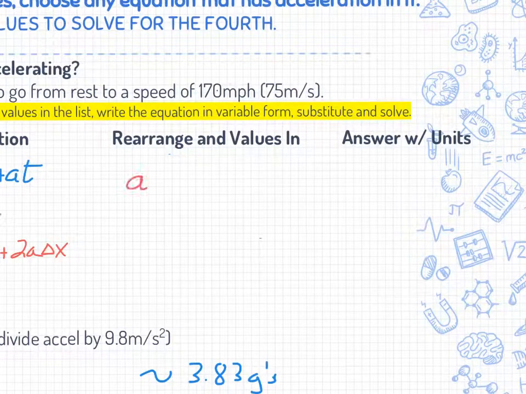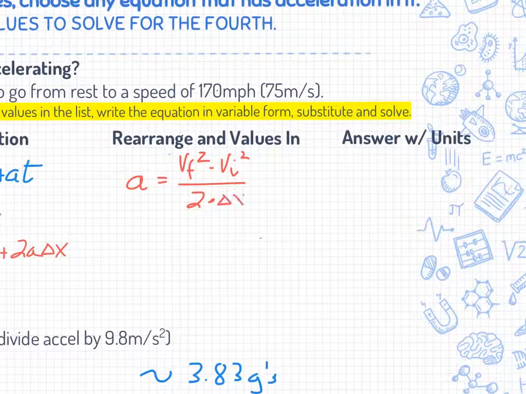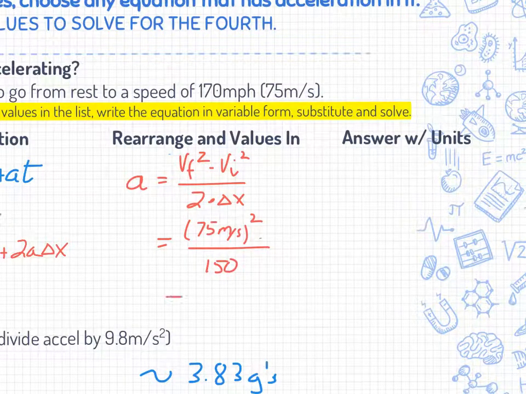So this would allow us to rearrange, solve for A, and I'm going to get my Vf squared minus my Vi squared divided by 2 times the displacement. Okay. Solving again, substituting in, I get 75 squared, that's my speed, divided by 150. Solving that out gets me 37.5 meters per second squared.